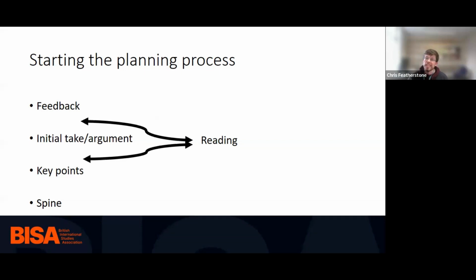Okay, it is something I bang on about quite a lot in all my teaching, but I would say it's a crucial part of creating a more stress-free process when it comes to writing an essay, but also giving you an opportunity to reflect on the process a little bit more as you're going along. How effective is this point that I'm making? How well grounded in the literature is this? Okay, so I would say the first step when it comes to planning your essay is to look at previous feedback that you've received.